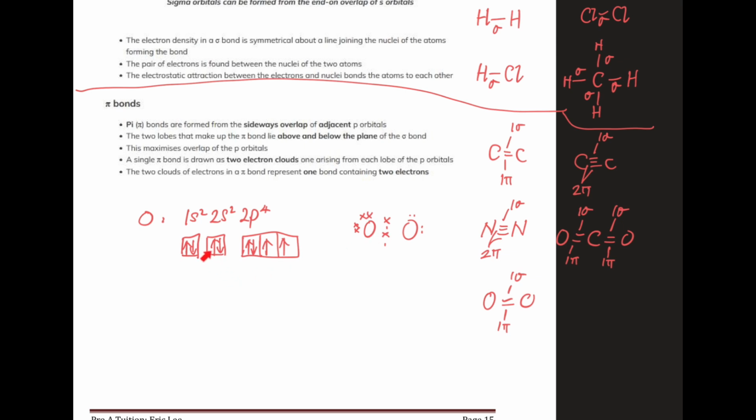These are the 2 lone pairs, and then 2 of these are going to be used to form the double bond. So they have to form 1 sigma bond and 1 pi bond.